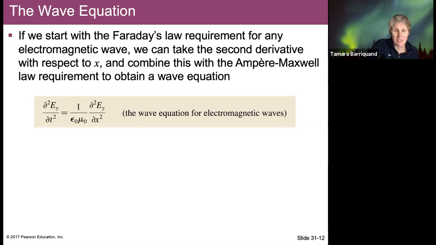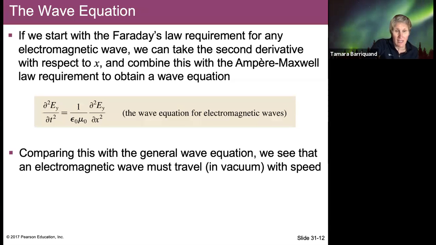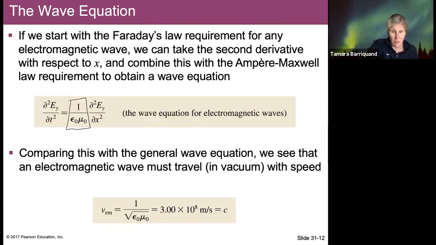We remember that in the general wave equation, this is the speed squared. And so since this is the form of the general wave equation, an electromagnetic wave must travel with a speed of 1 over the square root of epsilon naught mu naught, which we know is 3 times 10 to the 8th meters per second, which is equal to c, the speed of light.